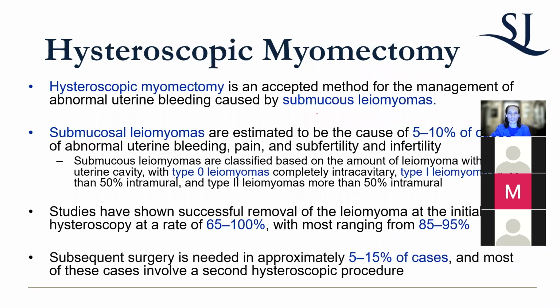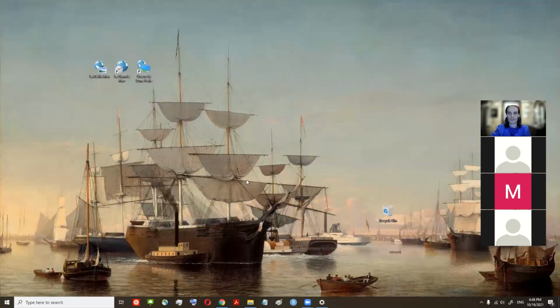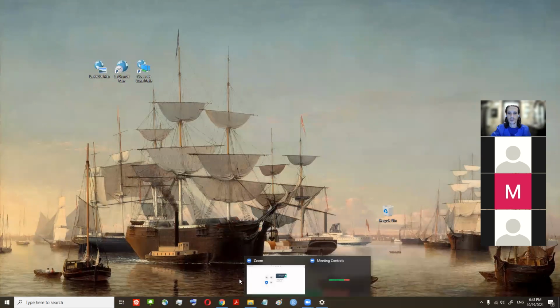Hysteroscopic myomectomies are done if you have only submucosal leiomyomas, because the type 0.